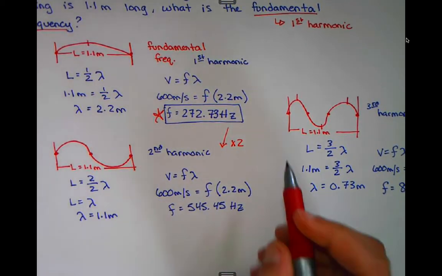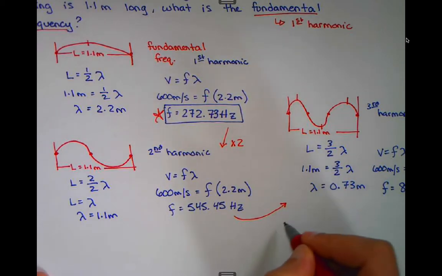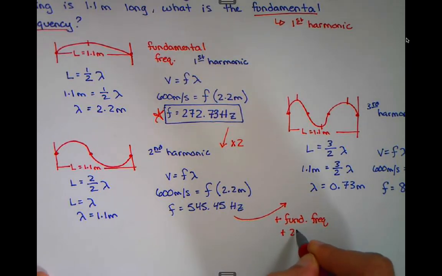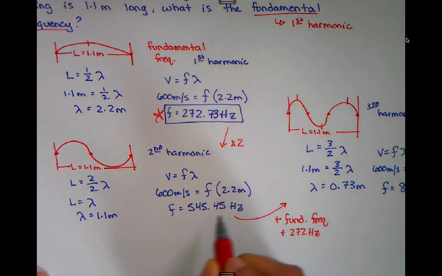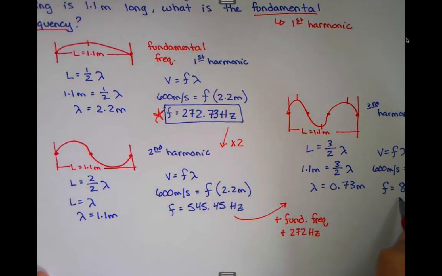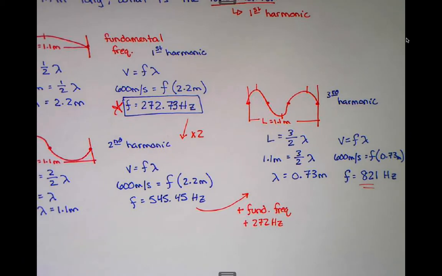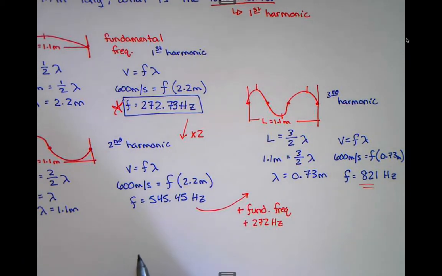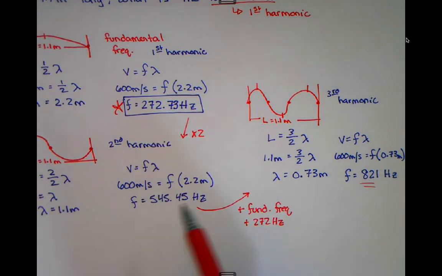Then when you go to the third harmonic, you add the fundamental frequency: 272 hertz plus 545 gives you something close to 821. Since we rounded, it won't be exact, but it's pretty darn close. So for each consecutive harmonic, you're adding another fundamental frequency. That will help you in some of the questions that I'm going to have you try.